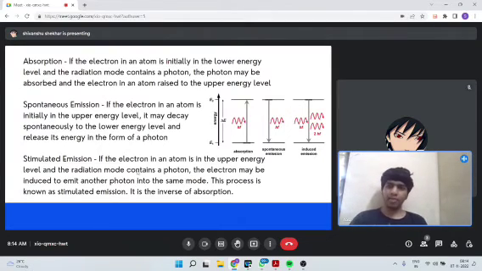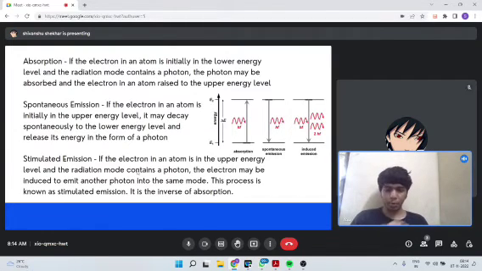If an electron in an atom is initially in a lower state and a photon comes and hits it, many times the electron will absorb the energy and go to a higher energy level. Essentially, the photon is giving all its energy to an electron to cross a certain energy barrier and go to a more excited state. So that is absorption.